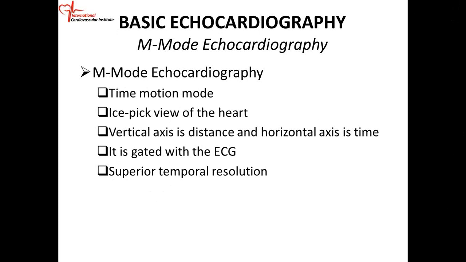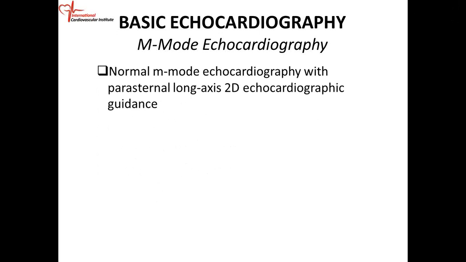The older M mode that we used, that started echo, where it was imageless, the frame rate for that was close to 3,000 frames per second. So if it has a higher frame rate, that's what we call temporal resolution. So M mode has a superior temporal resolution, and this appears on all exams.